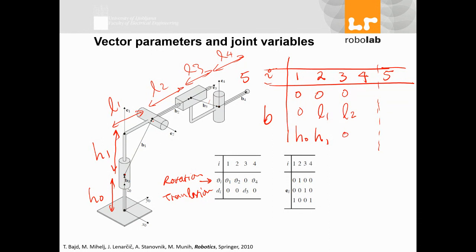No change in Z. And from 3 to 4, again I have to do 0, L3, and 0. Okay.